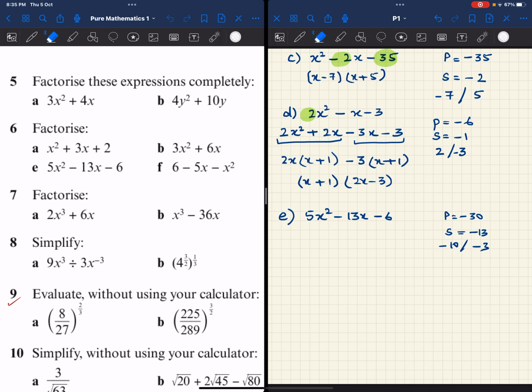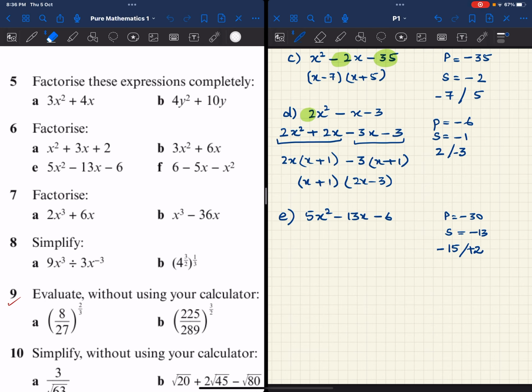Yes, we have to try another combination because in this case, we do get the sum as negative 13, but we do not get the product as negative 30. So we need to try another combination. So 15 into 2. So minus 15 and plus 2. So we get a sum of negative 13 and we multiply to get negative 30 as well.